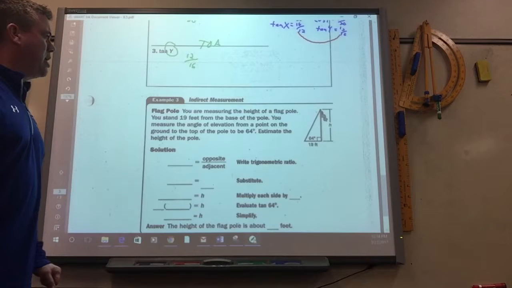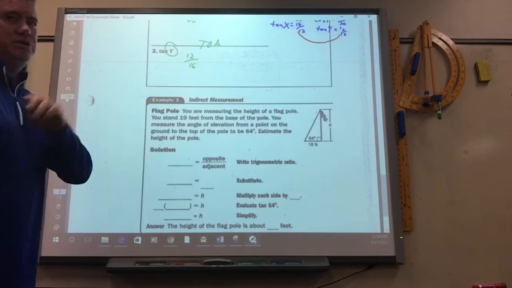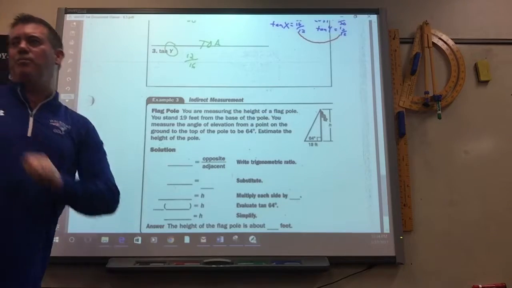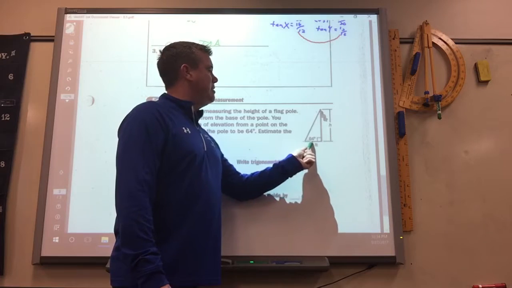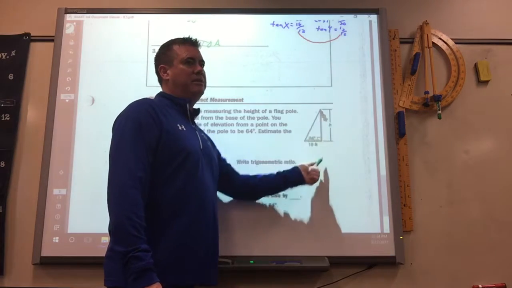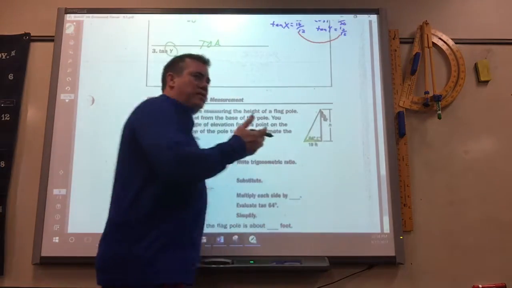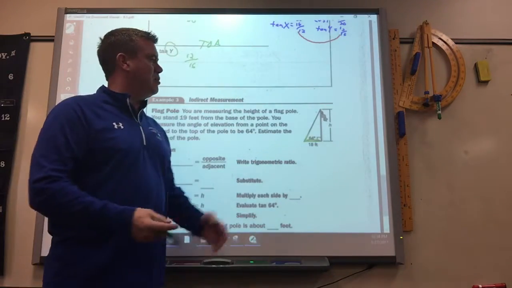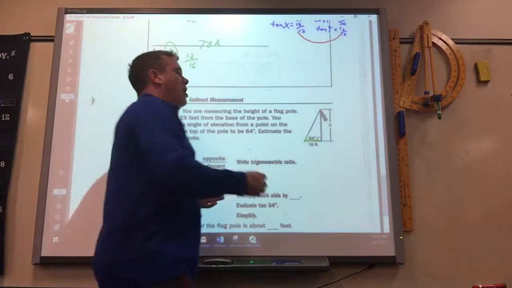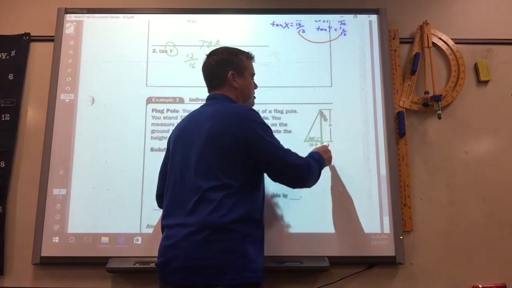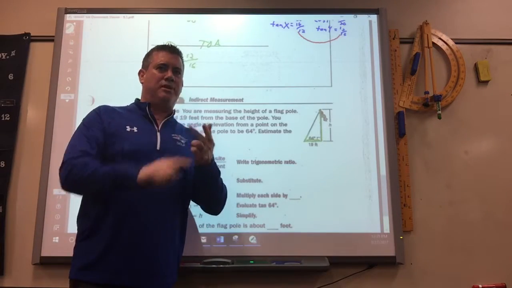We're not going to do the solving yet, but just to give you an idea of what we will be doing next. If you notice here, we know a side and we know an angle, and they want you to find this. So, this is what you eventually got to do. You got to figure out, do I want to use sine, cosine, or tangent? So, of the given sides, are they adjacent, or opposite, or hypotenuse?